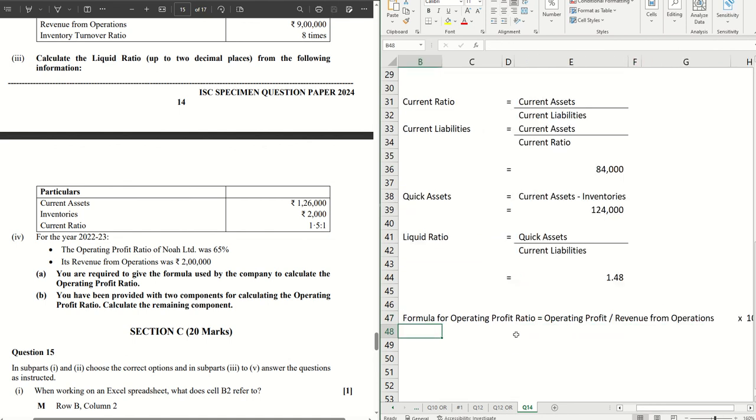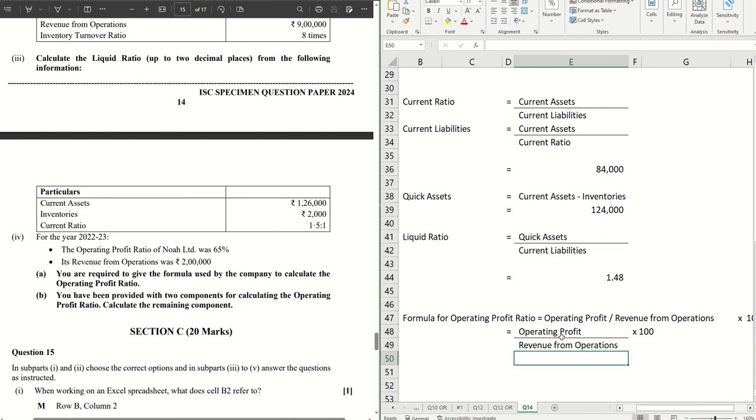We can write this again in the usual manner that we write here. So that becomes operating profit by revenue from operations into 100. Okay, this is the formula.